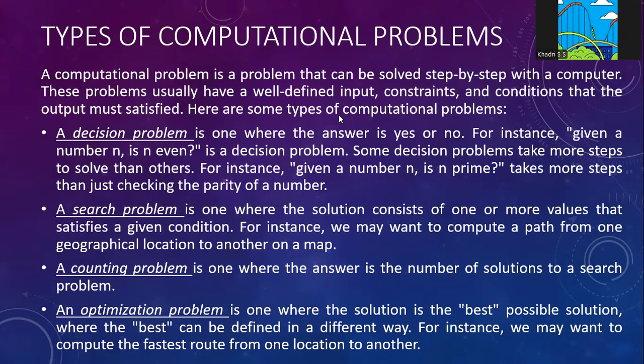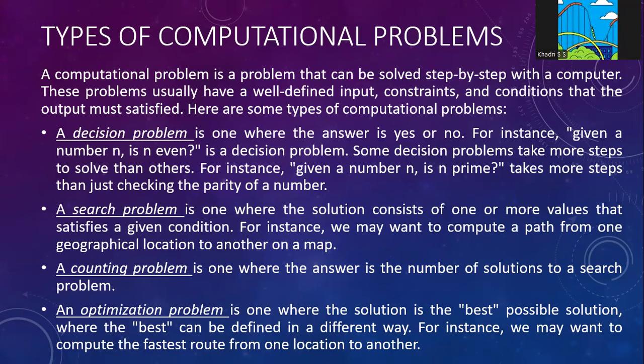So here are some of the types of computational problems. The first one is a decision problem, then a search problem, a counting problem, and an optimization problem. A decision problem is one where the answer is a yes or no statement. For instance, given a number n, is n even?